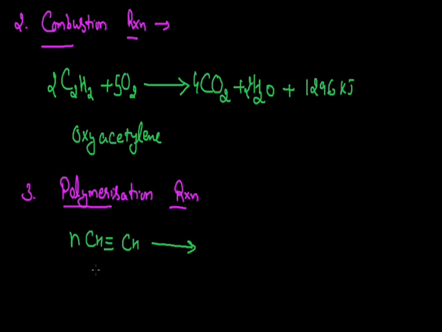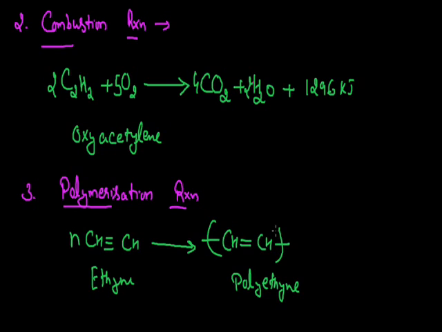Since we are using ethyne as the monomer here, this formed polymer can be termed polyethyne, and the symbol for this polyethyne can be given as CH with a multiple bond to another CH group, and here these two bonds are free to connect with another monomer. Since in the start we have taken n molecules of ethyne, the complete symbol is written with a bracket and n, and this formed polymer is termed polyethyne.